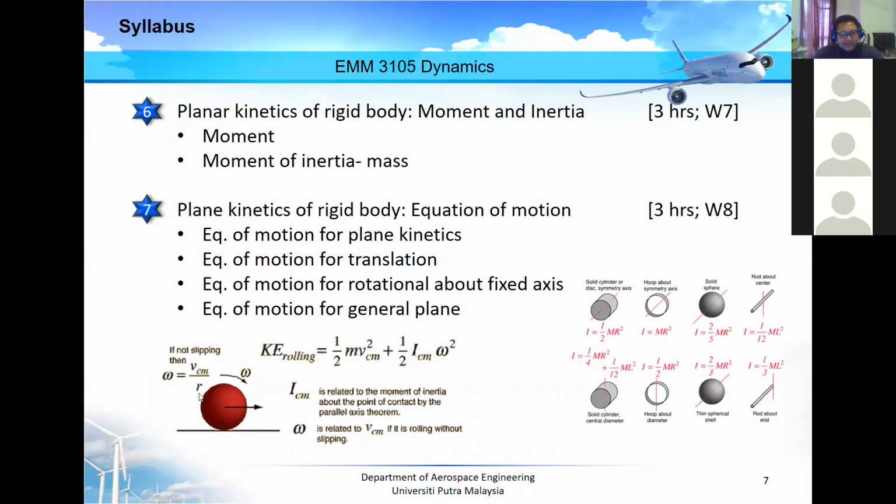For example, down here we have a ball that is rolling from left to the right. Then in this case, the kinetic energy will involve two parts.